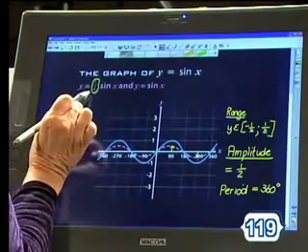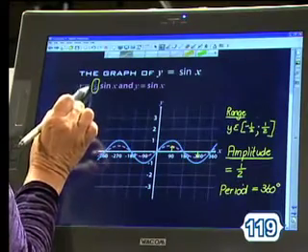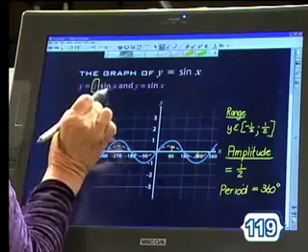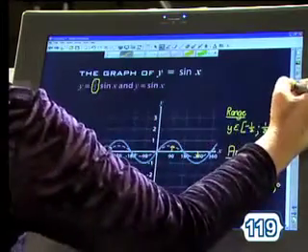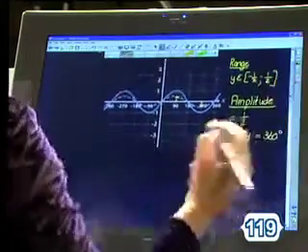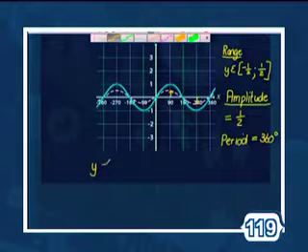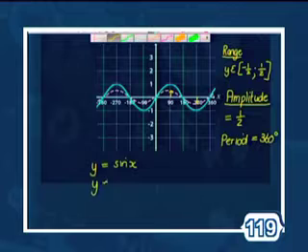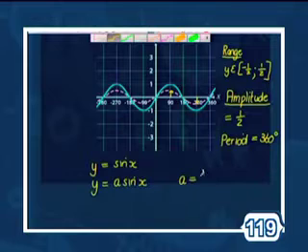So once again, what is the effect of the half in front of the sine x? Remember when we started off, we said that we were going to have a look at not only y equals sine x, but also y equals a sine x. And in this case, our a is a half.